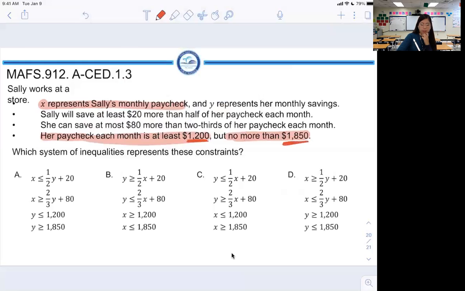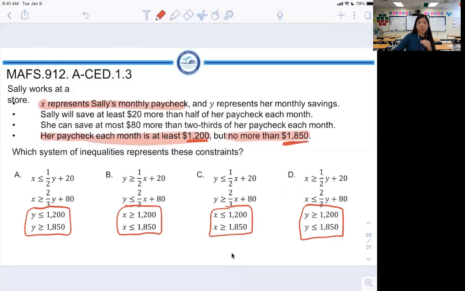Well, what do I have? Okay, here I see those numbers, 1,200 and 1,850. But some of them work and some of them don't, because I know that this has to be the variable x, so D is out and A is out. And then looking at the symbols, I know that it has to be at least 1,200.